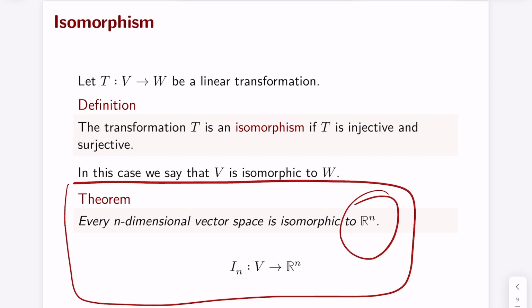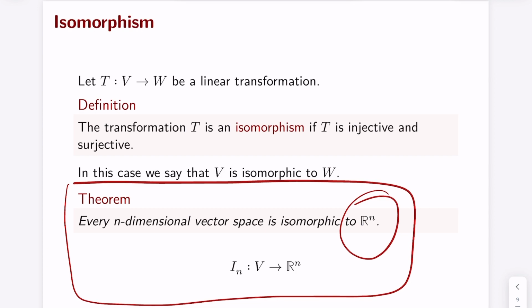In other words, there is not much variation of things in linear algebra. Essentially, everything is Rn. We can consider polynomials, we can consider matrices, but this theorem says that even though we consider polynomials, they are going to have the same structure, the same form as Rn.